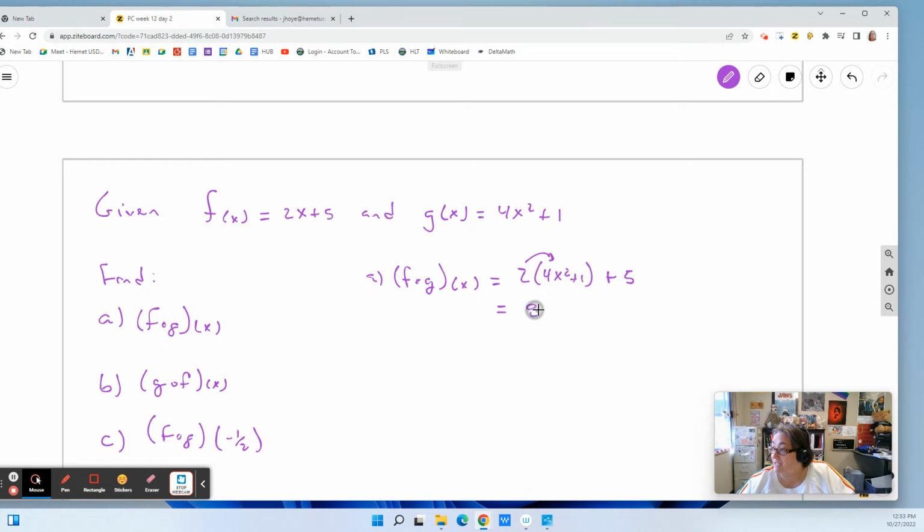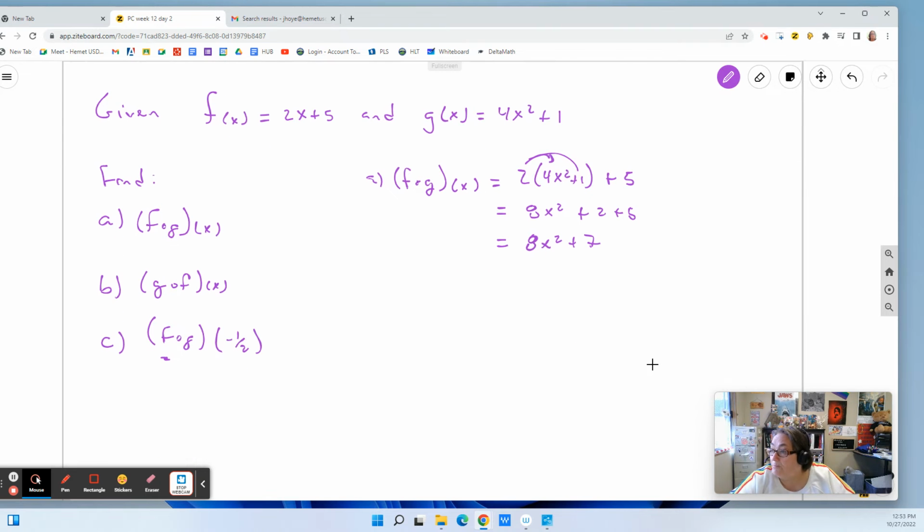So this is going to give me 8x squared plus 2 plus 5. And if I want to redo that nicely, it would be 8x squared plus 7. Not so bad. I know that when I come down to do part C, this is the equation I'm plugging that negative 1/2 into.